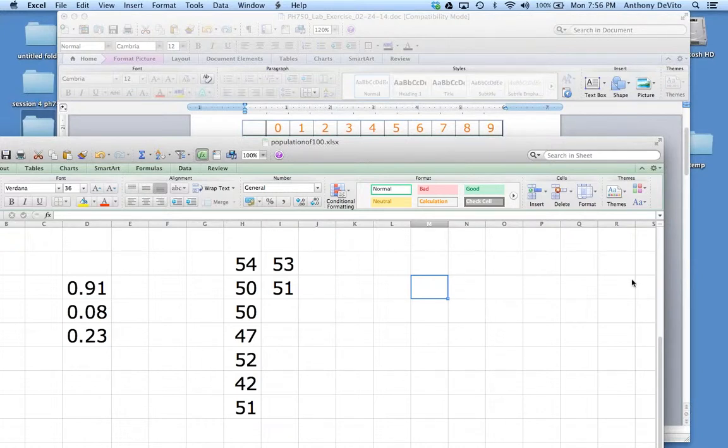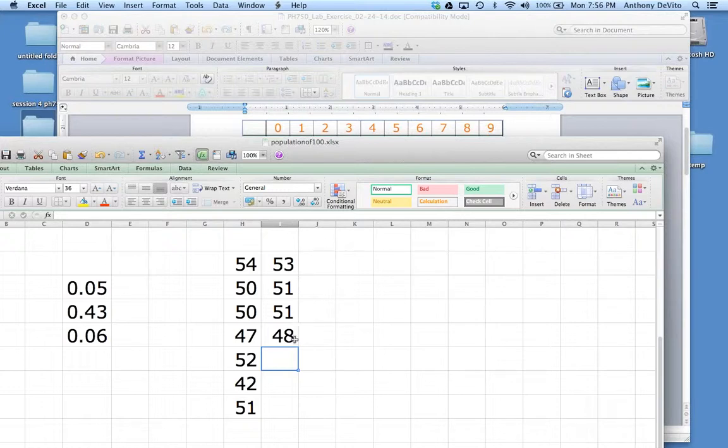Got to go back up there. 51, 48. Every time you guys do this, it jumps down to the bottom. I have to scroll back up.